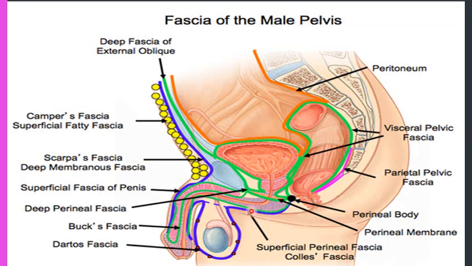Here this is the Colles fascia, which is making up the inferior or the superficial layer of this superficial perineal pouch, which is the pouch present below the perineal membrane, and the pouch which is present above the perineal membrane is the deep perineal pouch. Having this deep transverse perineal muscle, you can see very clearly.